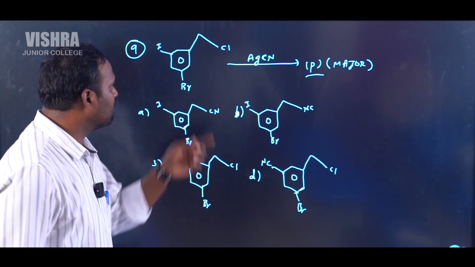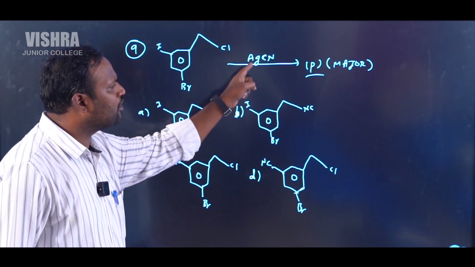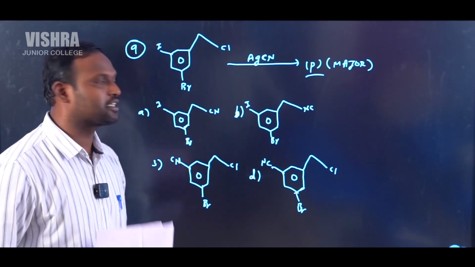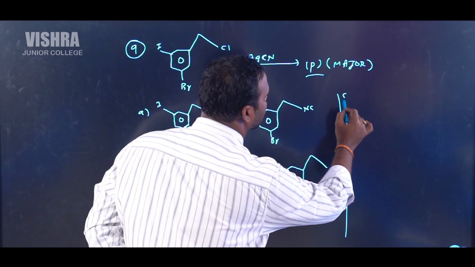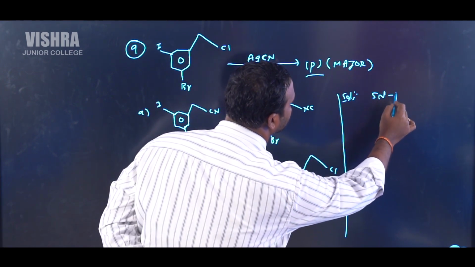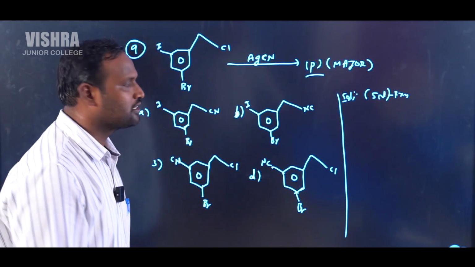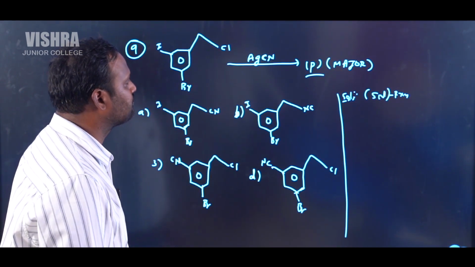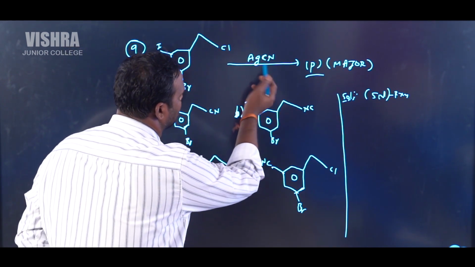So what will happen whenever the given compound reacts with AgCN? What is the nature of the bond between Ag and carbon in this case? Already you know, it is an example of an SN2 substitution reaction. So in this case, AgCN acts as a nucleophile.